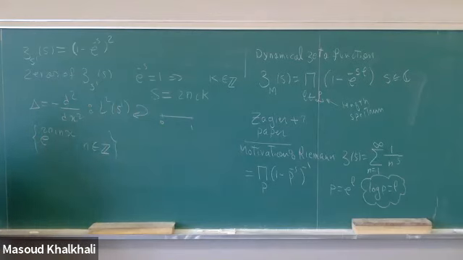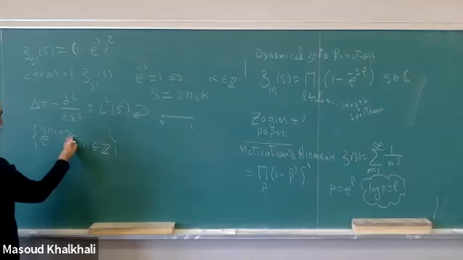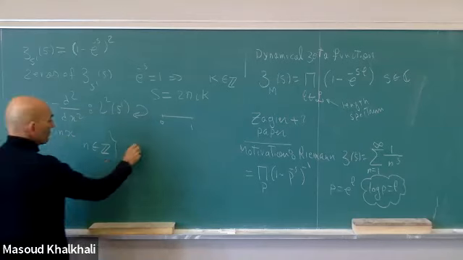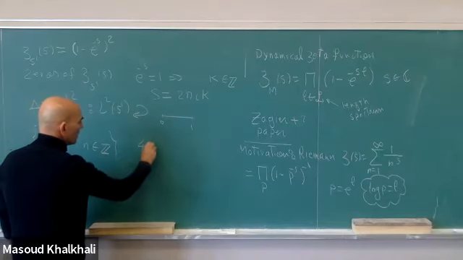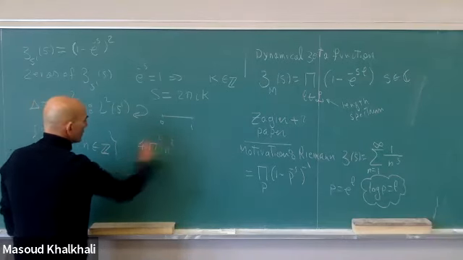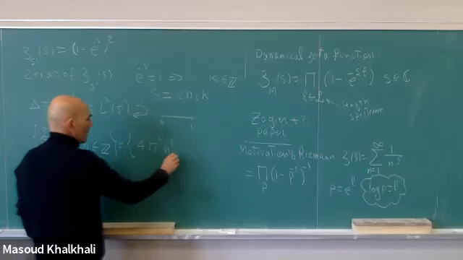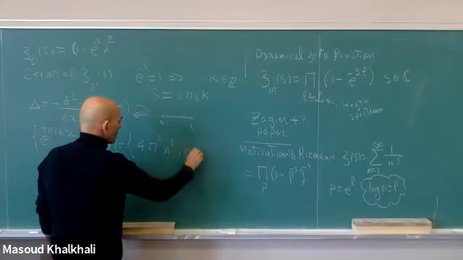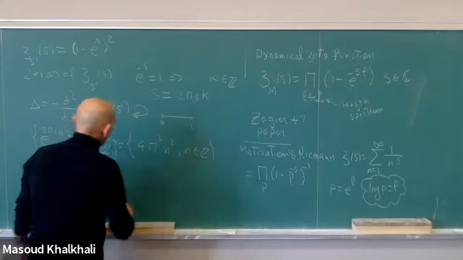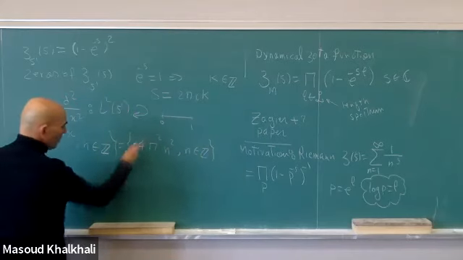So if we twice differentiate it, we are going to get, as we did many times already, 4 pi squared n squared, where n belongs to Z. So there is a multiplicity here.